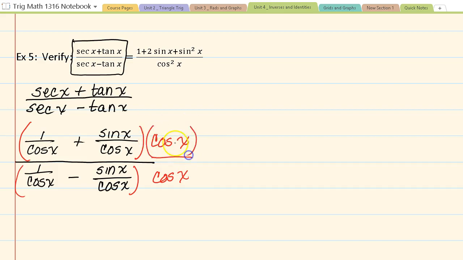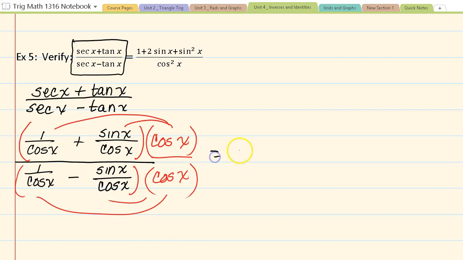I'm going to use a distributive property here, and I'm going to use a distributive property down here. When I do that, we're going to get 1 plus sine of x. At the bottom, we're going to get 1 minus sine of x. And notice that up here, we have 1 plus 2 sine of x plus sine squared of x.